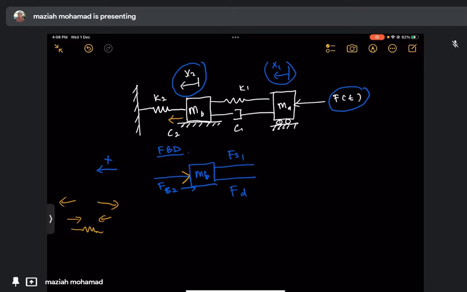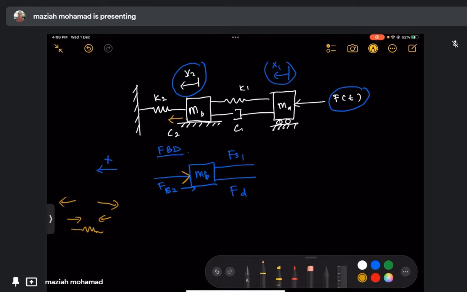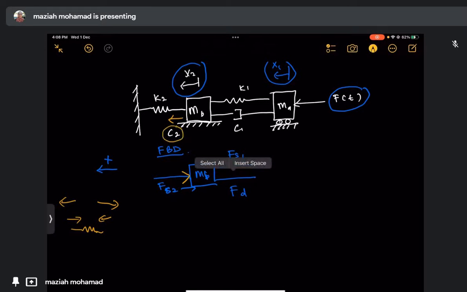And then for C2, C2 here is actually a friction force. But here we're going to consider that the friction force is actually a damping energy that is trying to stop the movement of the kite.